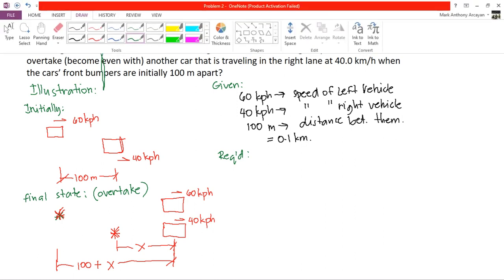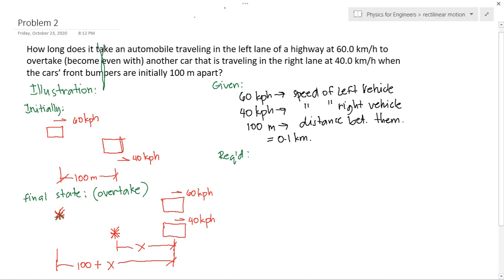So yung oras pala, the time that should be consumed in order to overtake. So time of overtake. So let's see. So now we have a solution. So solution tayo.